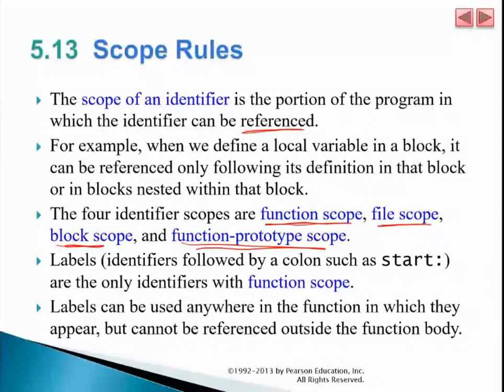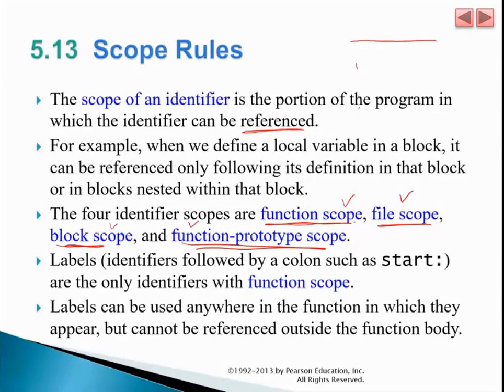Here also this is true: when we define a local variable in a block, it can be referenced only following its definition. This is true for all variables. Whenever you define the variable, only after that can you use it, depending upon the scope of the variable. So let's talk about these 4 types of scope.